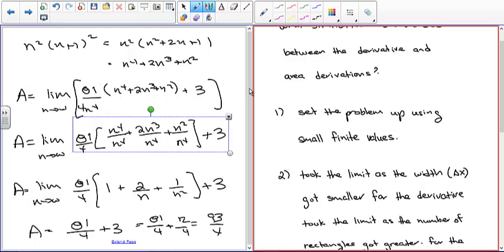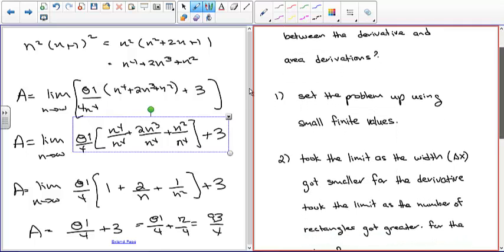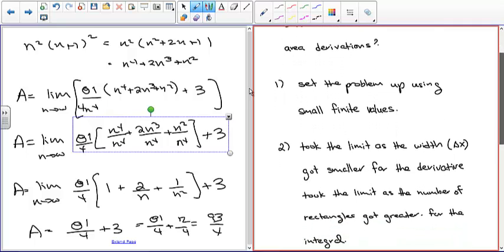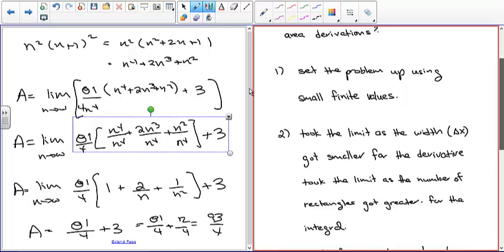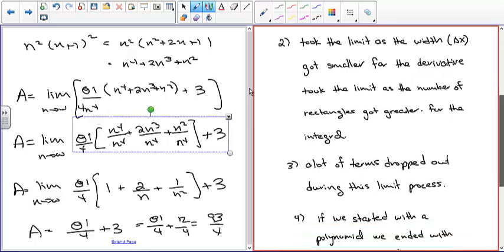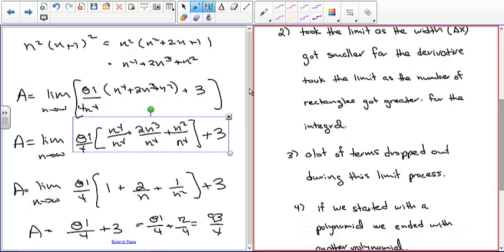We took the limit as the width delta x got smaller for the derivative, but for the integral, we took the limit as the number of rectangles went to infinity. So in one case, we let delta x go to 0. Here, we let n go to infinity, but we're still doing a limiting process. Another common thing is that a lot of the terms dropped out because they ended up being 0 when you did the limiting process.